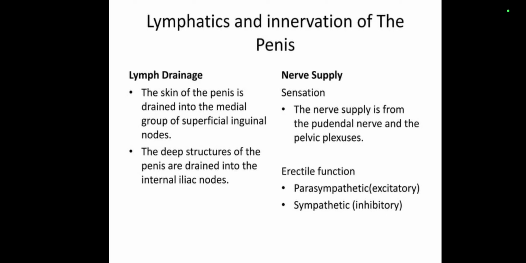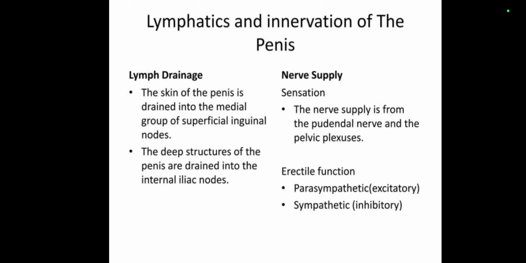Now, aside from that, we also have the nerve supply. Pertaining to the nerve supply, the sensation starts at the pudendal nerve and passes through the pelvic plexuses. The pudendal nerve is the nerve in your pelvic region.